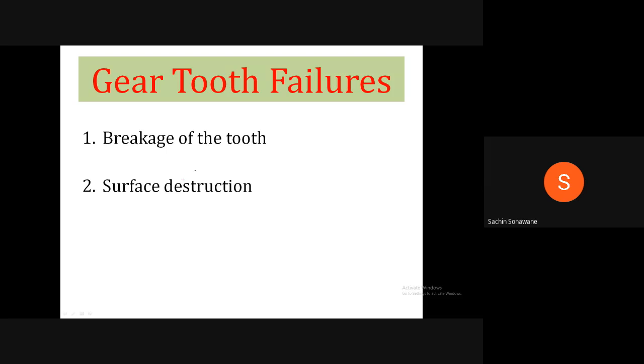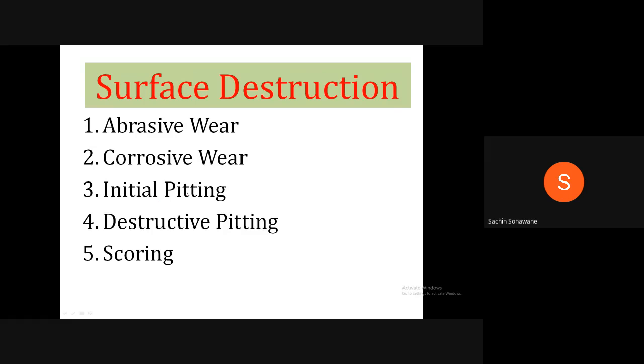We will see surface destruction first. In case of surface destruction, first is abrasive wear, second is corrosive wear, third is initial pitting, fourth is destructive pitting, fifth is scoring.